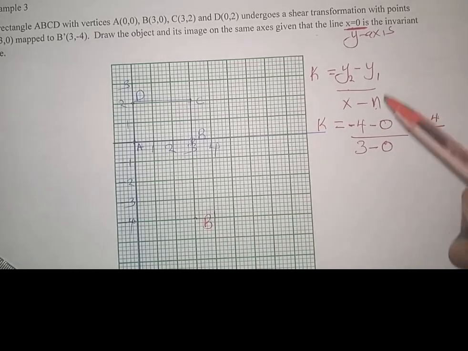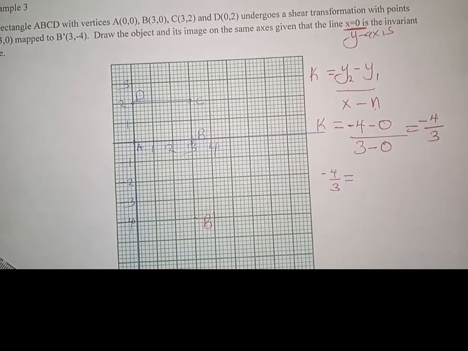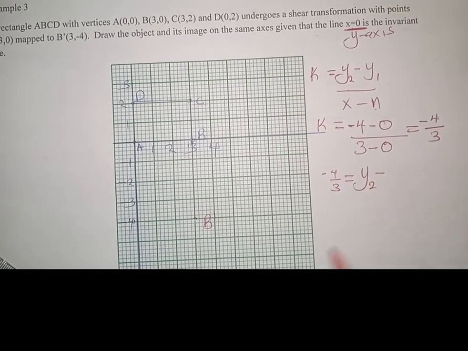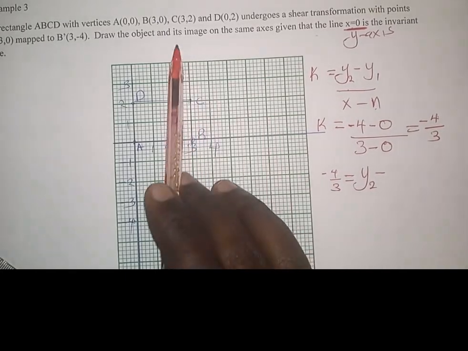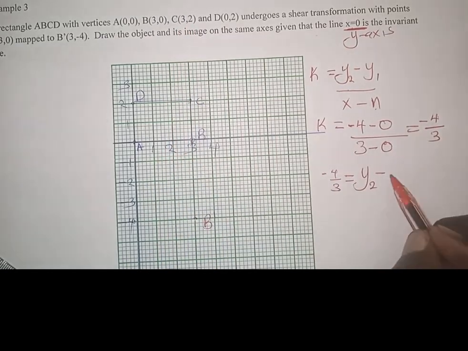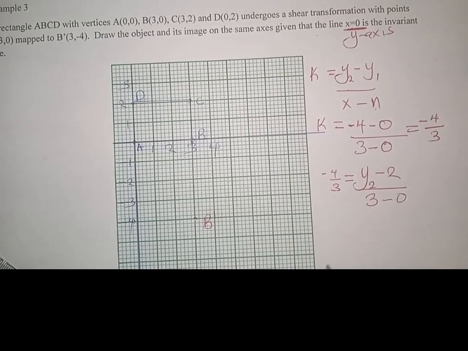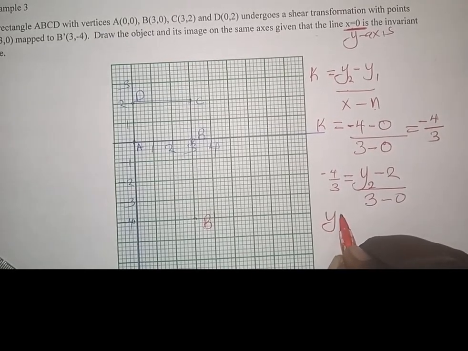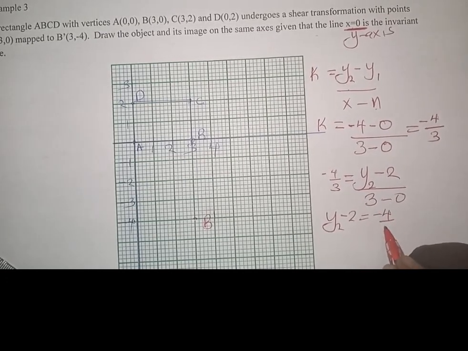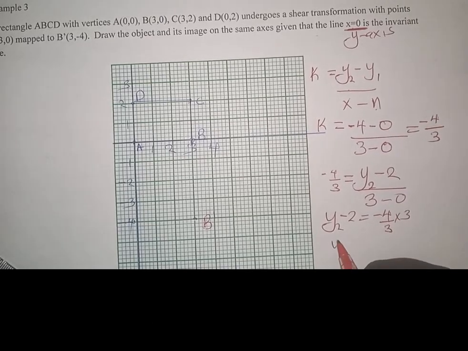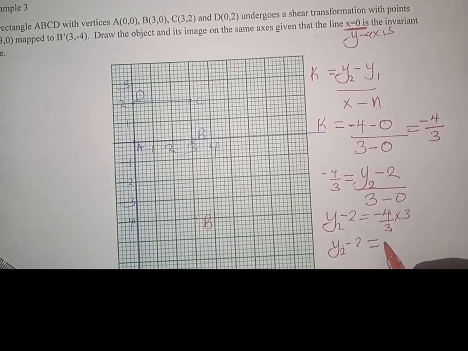That is the shear factor. So to get the second value of y, we say -4 over 3 is equal to (y2 minus y1), where y1 is the y-coordinate on C, which is 2, over (3 minus 0). We cross multiply and we get y2 minus 2 equated to -4 over 3 times 3, so y2 minus 2 is equal to -4.